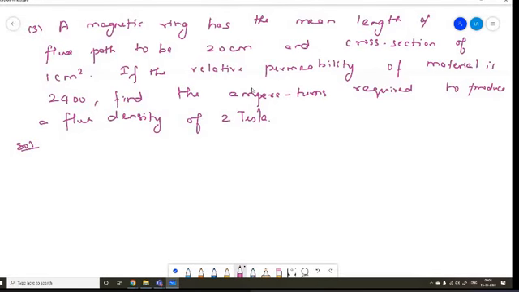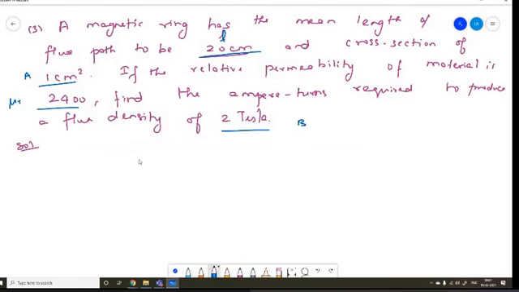What are the things that are given to us? So L is given to us, and the cross section area is given to us, and then mu r is given. So this is mu r. So this will be A, and B is also given to us.